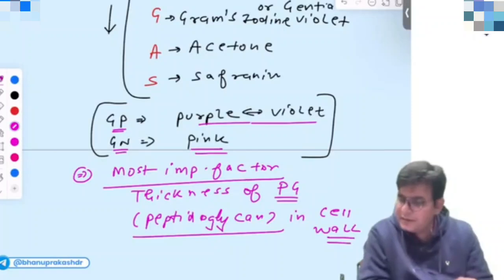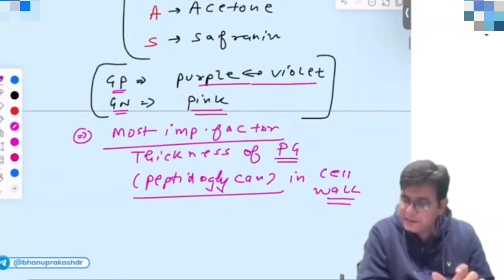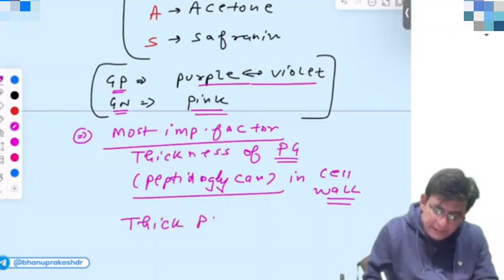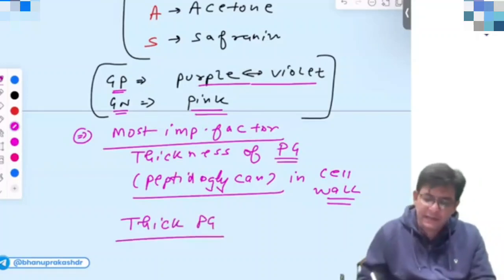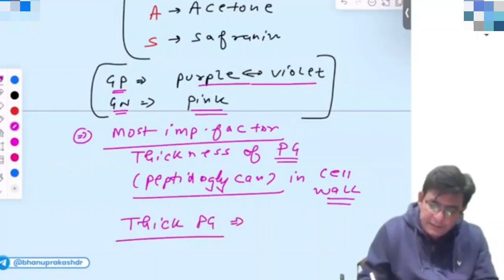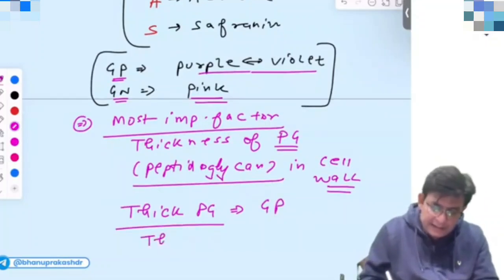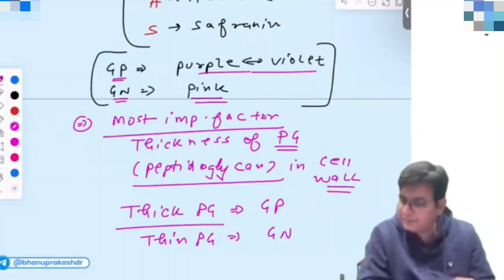Can you tell me which is having a thick peptidoglycan? Thick peptidoglycan is a feature of gram positive and the thin peptidoglycan is a feature of gram negative.